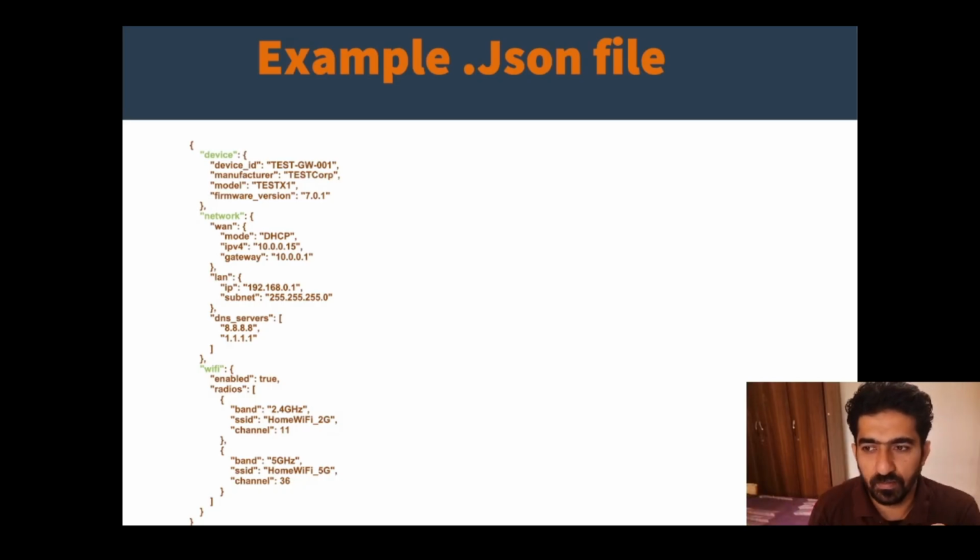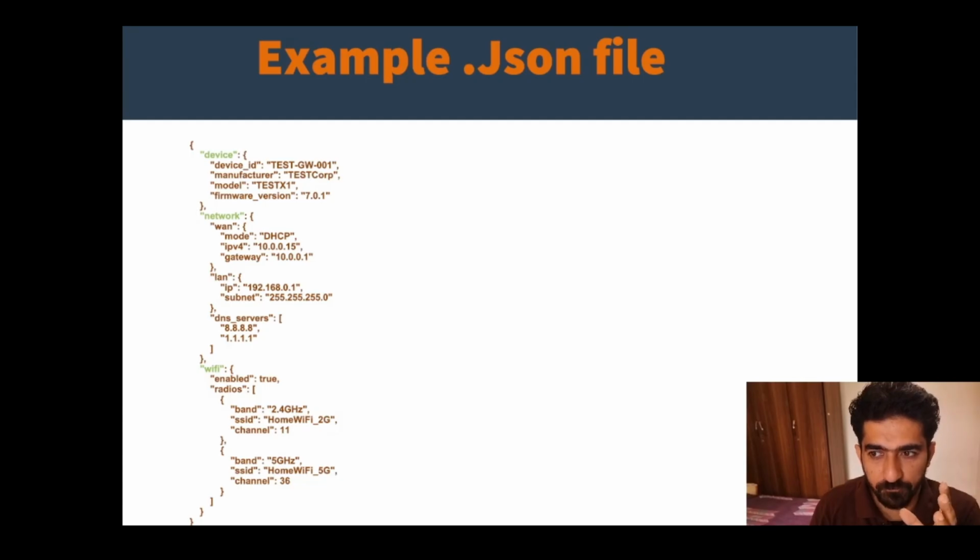If you see here, I put some green marks that are the main objects in this JSON file. You have device as the main object, your network object, and Wi-Fi objects. If you go deeper, you have key-value data in your device object.